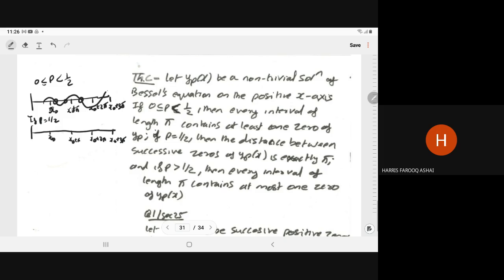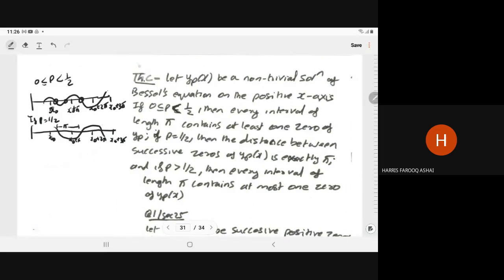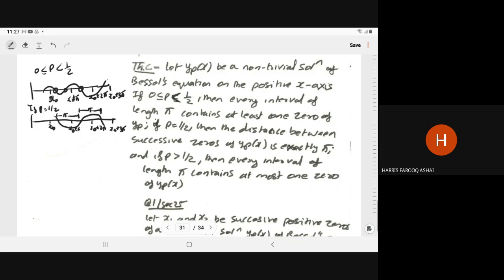If p is equal to half, then the zeros are pi length away. This is pi, this is pi. So if p is equal to half, then the distance between successive zeros of yp is exactly pi.